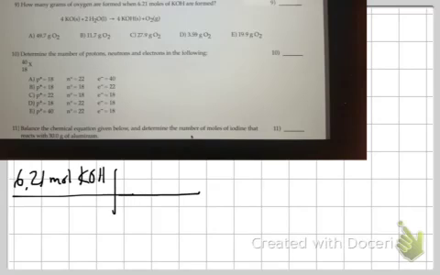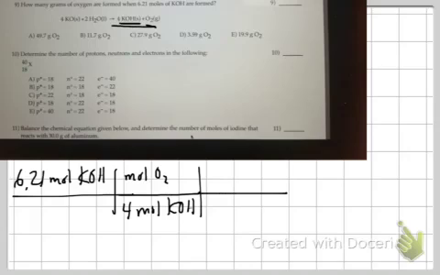So KOH, and it's a 1 mole O2 to 4 mole KOH, and you get that from these numbers here. And then grams of oxygen, 32 grams O2 per mole O2.